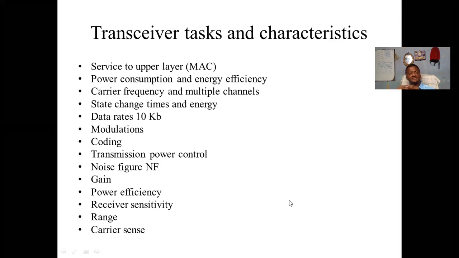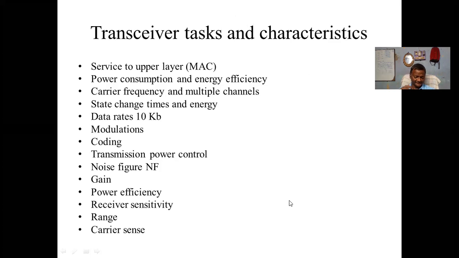What are the transceiver characteristics? Number one, we are using wireless sensor networks, and you already know the structure there. The bottom is the physical medium, and above that is the MAC, medium access control.